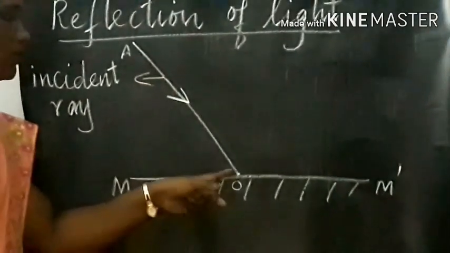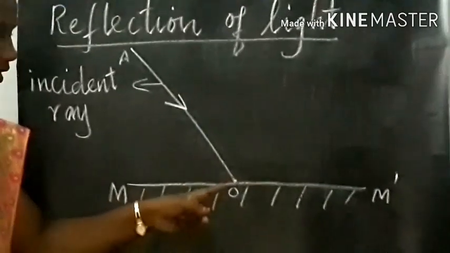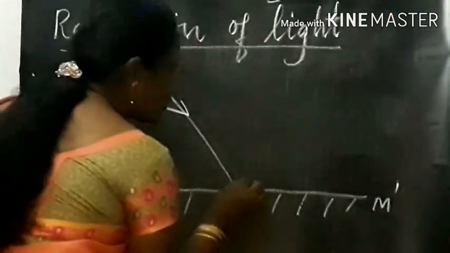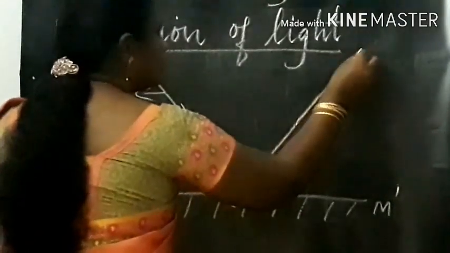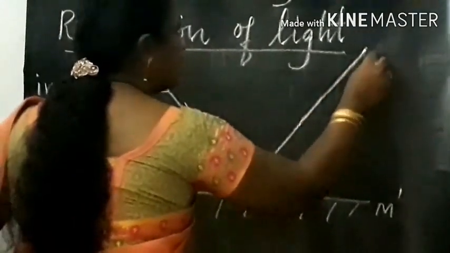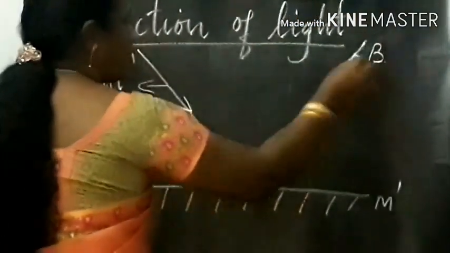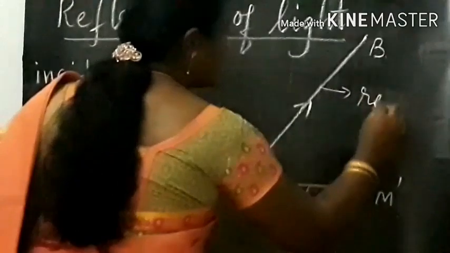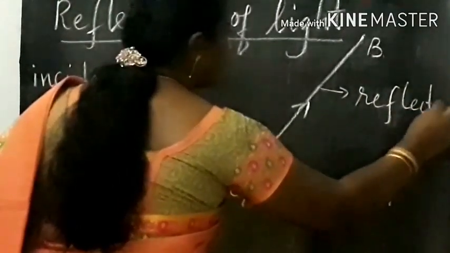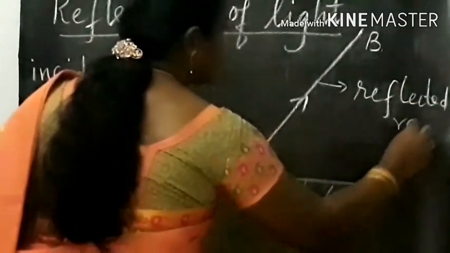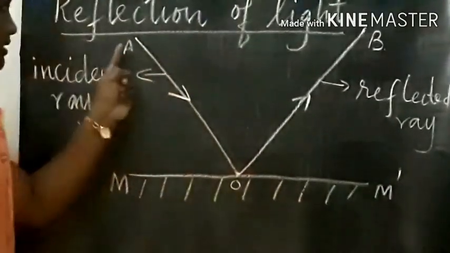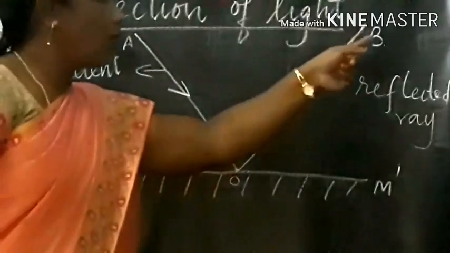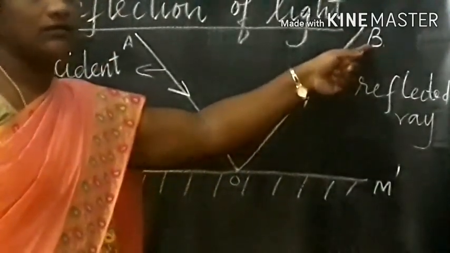It gets incident at the polished surface at O, and it gets reflected. The reflected ray is called OB. So AO is the incident ray and OB is the reflected ray.